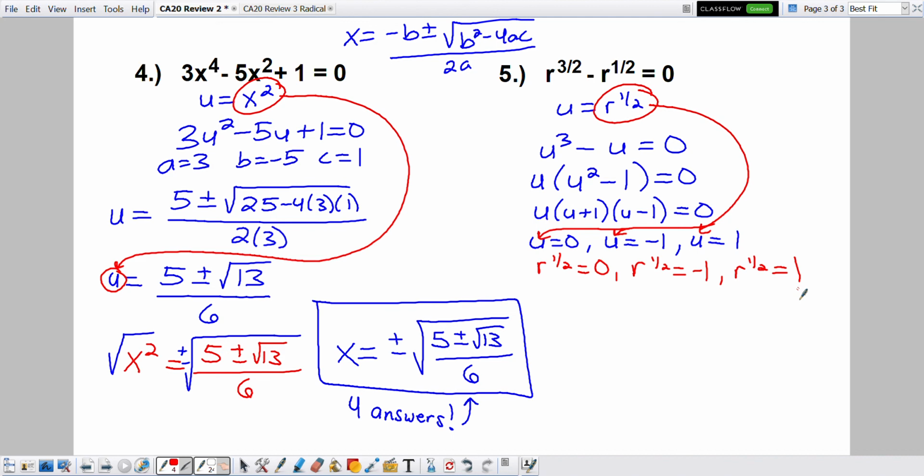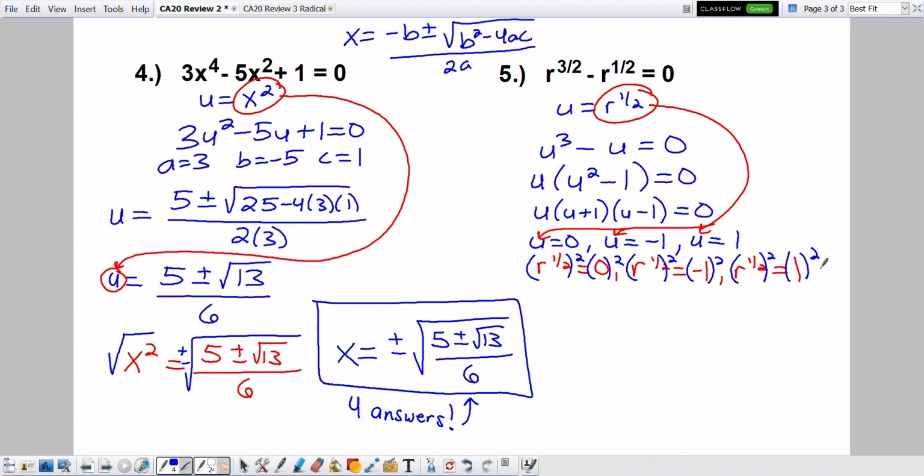All right, and so when we finish this, again, we're just going to go ahead and use the reciprocal of the exponent. Some of you might know that this is a square root, and there's no square roots that give you a negative number, but we're going to go ahead and talk about this. It'll work out. If you square both sides, you're going to see that we're going to end up getting pretty much the same answer twice, and it'll all work out.